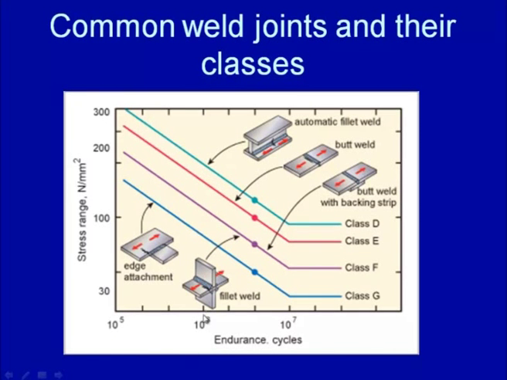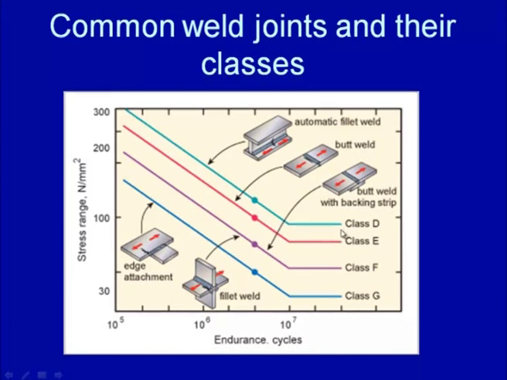So, for how it is used, say for 10 to the power 5 life cycles, the allowable stress range is 300 MPa, and that for 10 to the power 6 it is about say 200 or 250 MPa. So, higher is the allowable stress, lower will be the endurance cycle or the fatigue life of the component.